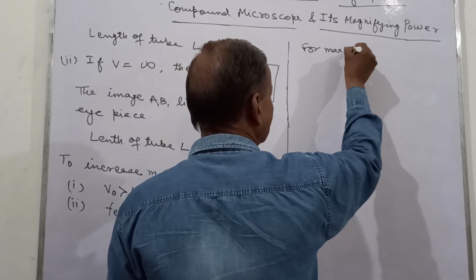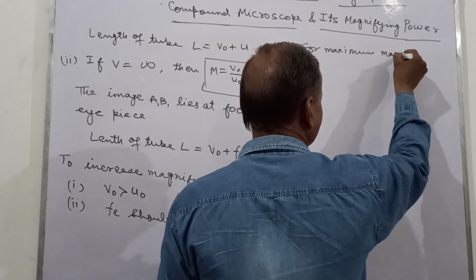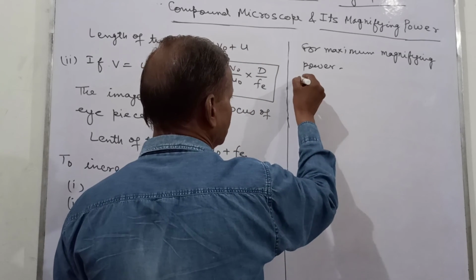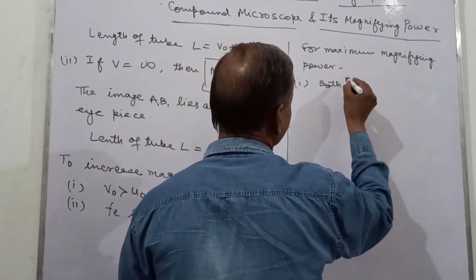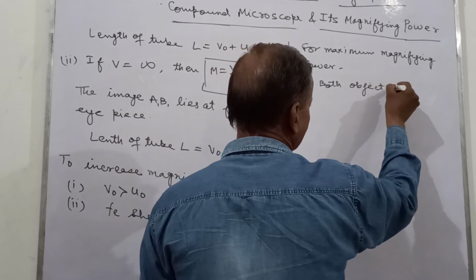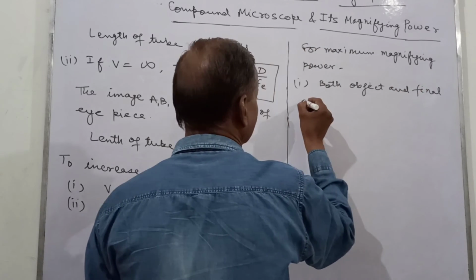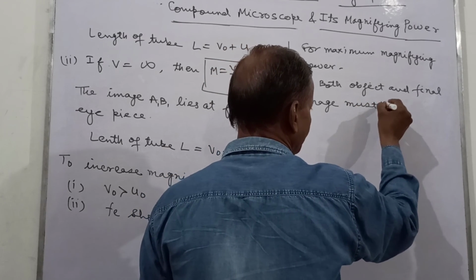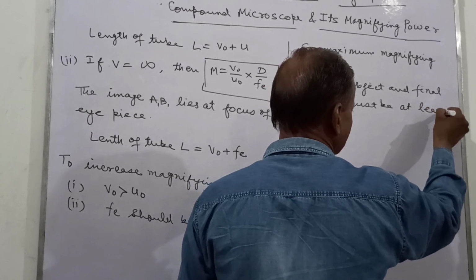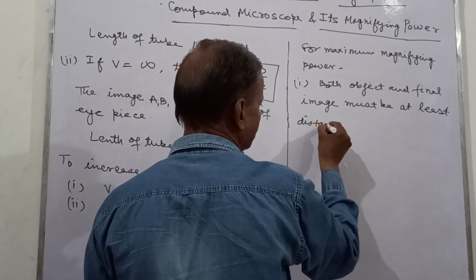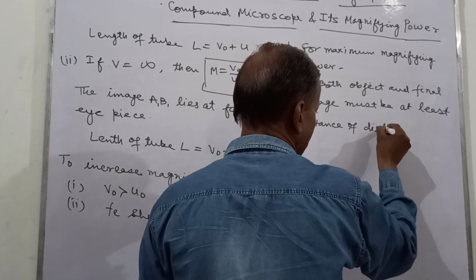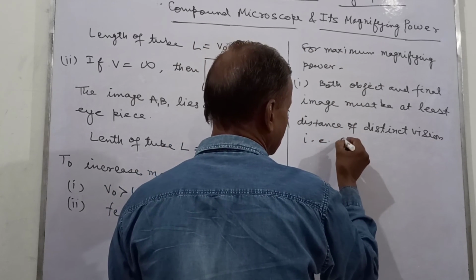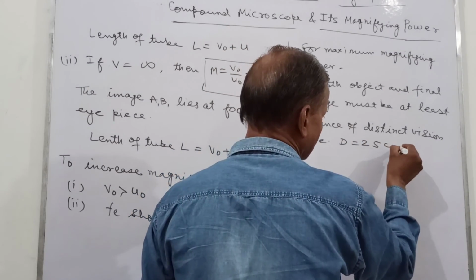For maximum magnifying power, first, both object and final image must be at the least distance of distinct vision, i.e. D equal to 25 centimeter.